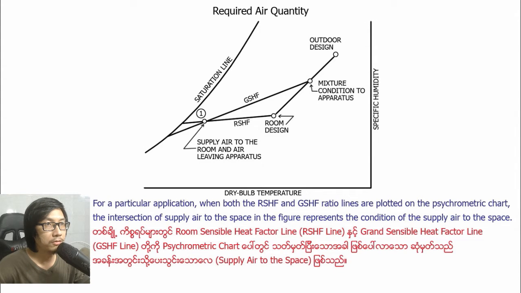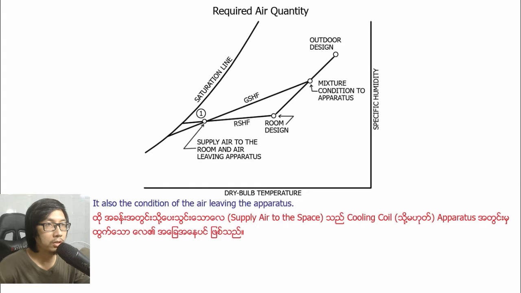For a particular application, when both the room sensible heat factor RSHF and grand sensible heat factor GSHF ratio lines are plotted on the psychrometric chart, the intersection, as shown in the figure, represents the condition of the supply air to the space. It is also the condition of the air leaving the apparatus.